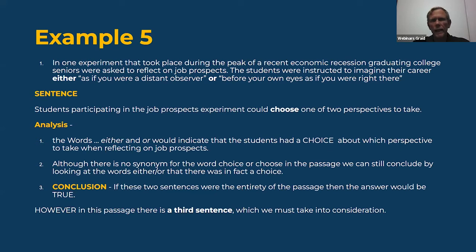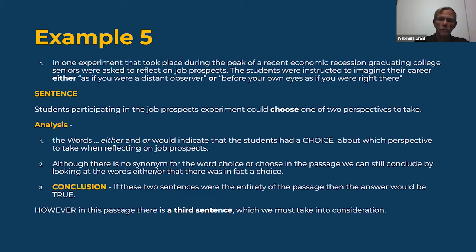So in a case like this, if these two sentences were the entirety of the passage, then the answer would be true. However, in this passage, there's a third sentence which we must take into consideration.